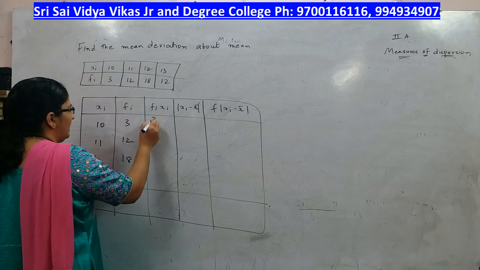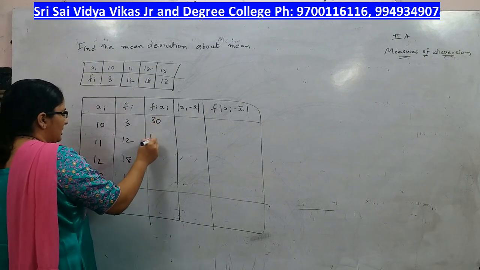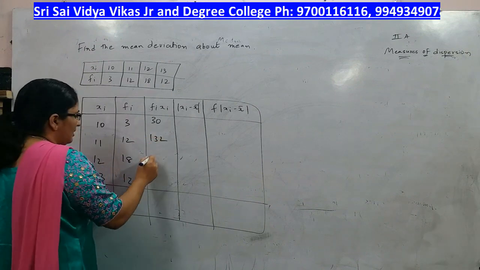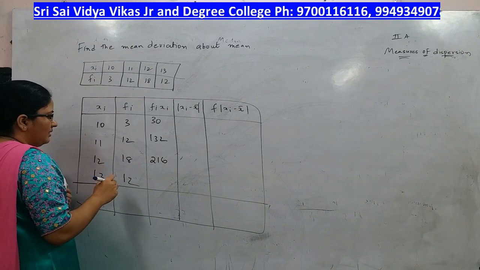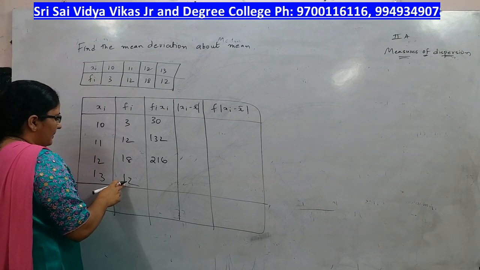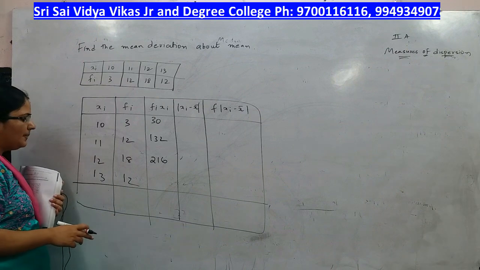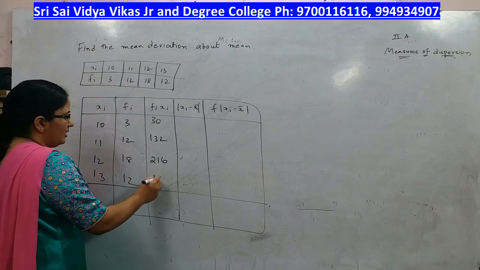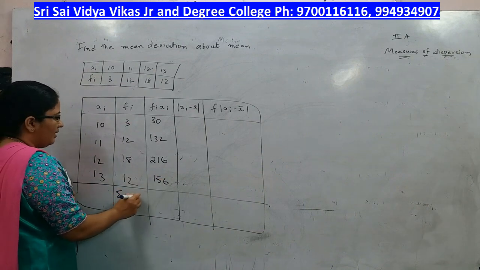Fi xi values: 30, 12 10s are 120, 12 11s are 132, 18 10s are 180, 180 plus 36, 216, 13 into 12 is 156. Here you have 156. Summation fi is equal to 45.